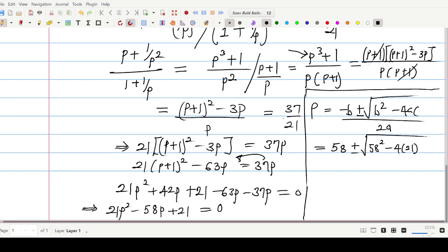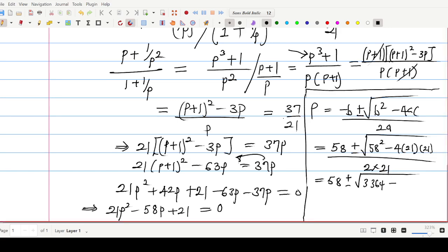So we evaluate the radicand. I will have 58 plus or minus the square root of 58 squared. What would that give us? That is 58 multiplied by 58, which gives us 3,364. Minus 21 times 21 times 4, that is 1,764. Then over 42.